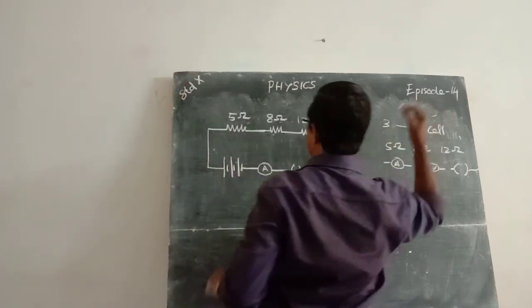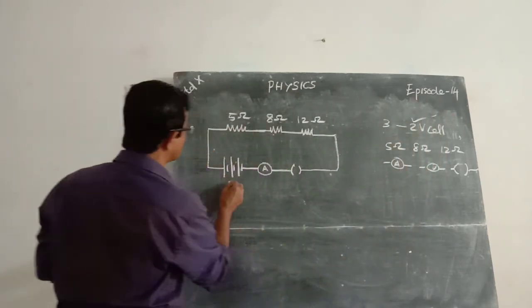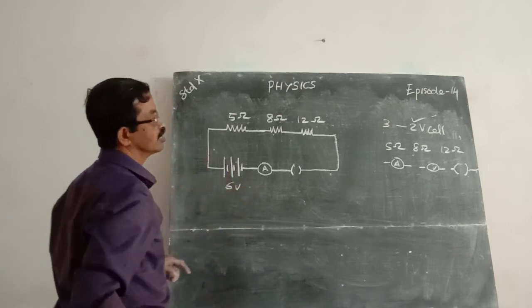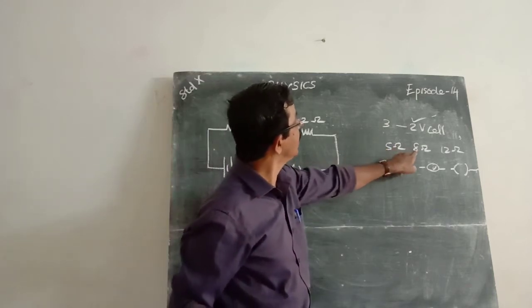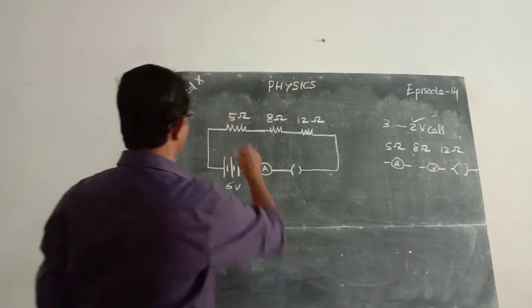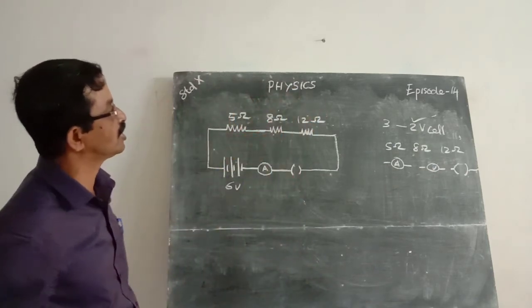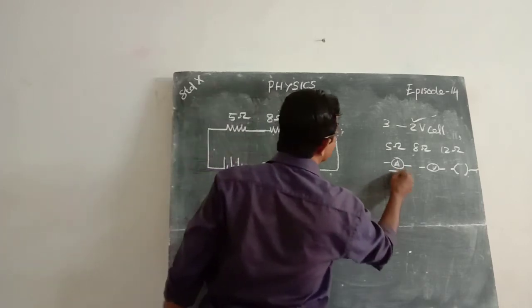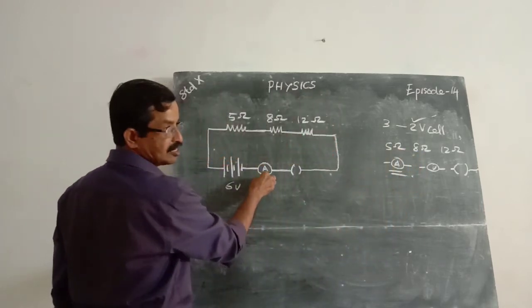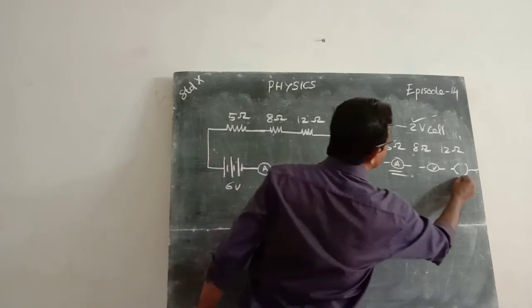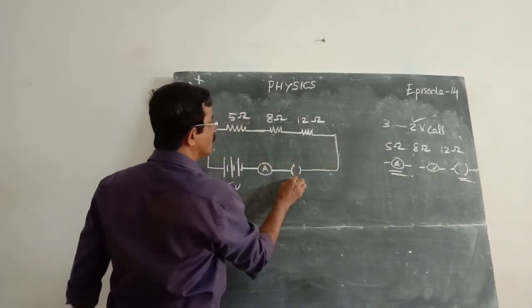Three 2-volt cells: 1, 2, 3, that is a total of 6 volts. Then 5 ohm, 8 ohm, 12 ohm, which are in series. Then the ammeter and the plug key are also included here.